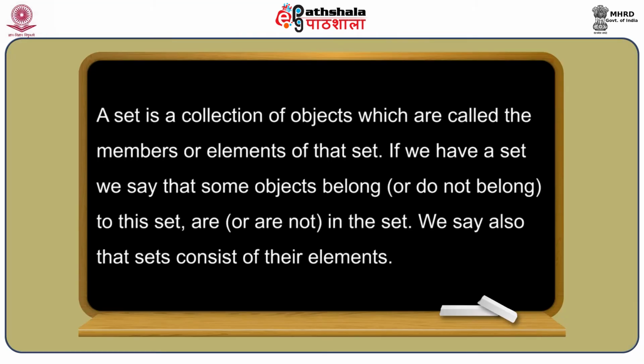A set is a collection of objects which are called members or elements of that set. If we have a set, we say that some objects belong or do not belong to this set. They are or are not in the set. We say also that sets consist of their elements.